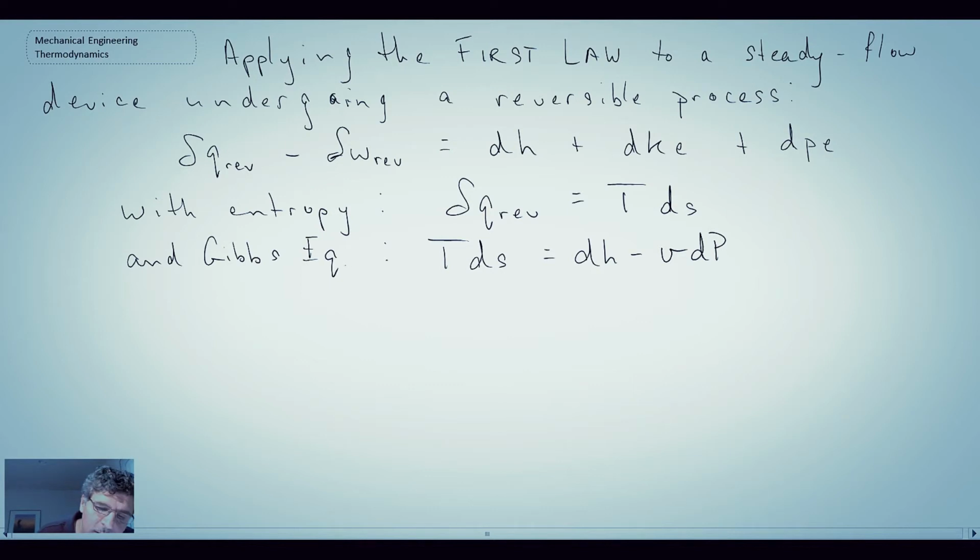We're going to take these two relationships and combine them to provide us with an expression for the reversible heat transfer in terms of enthalpy, specific volume, and pressure. We're now going to take that term and substitute it up into our first law. With that, we come out with this expression.